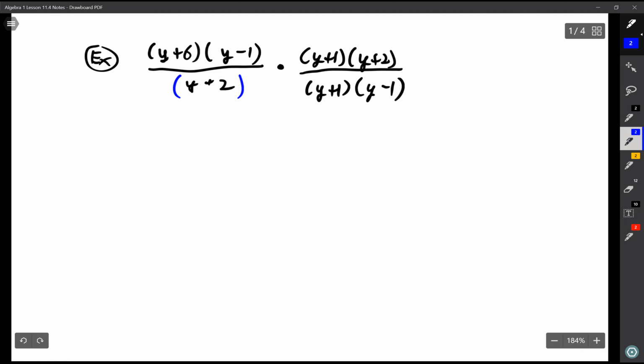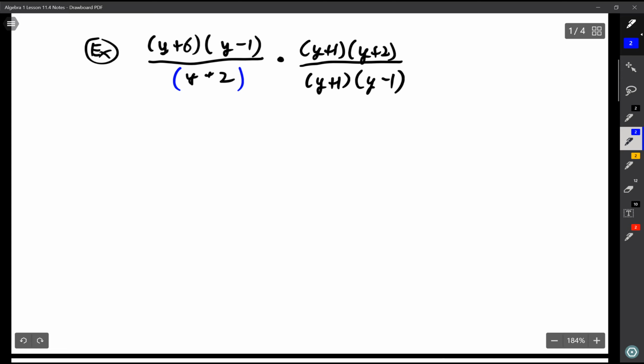It's y plus 2 times y plus 1 times y minus 1 in the bottom. Again, it is not y plus 2 times this stuff.